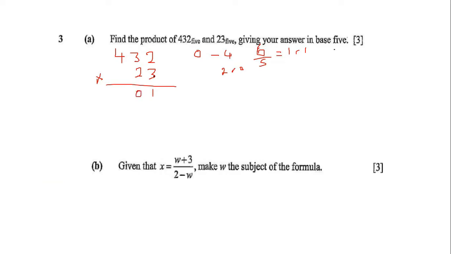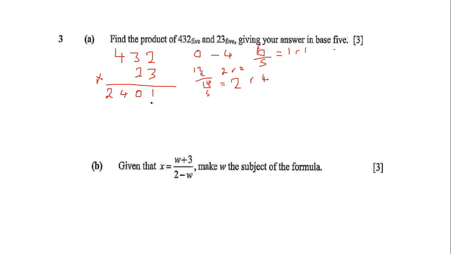Then we say 3 times 4, which is actually 12. Then 12 plus 2 gives us 14. So 14 divided by 5 gives us 2, remainder 4. So we write a 4 and carry 2. Okay, so this is what we have.